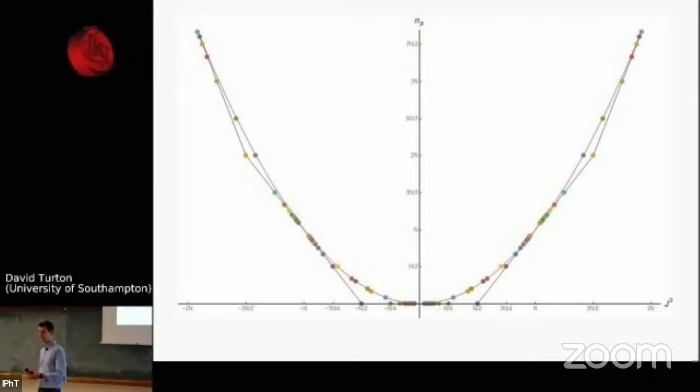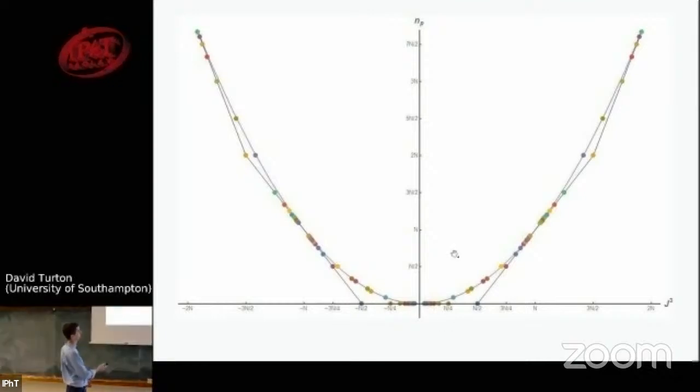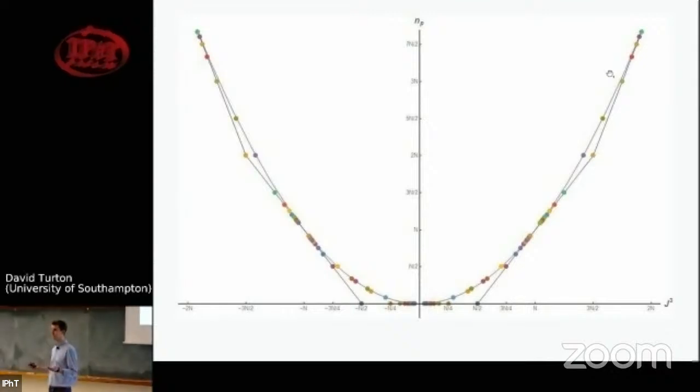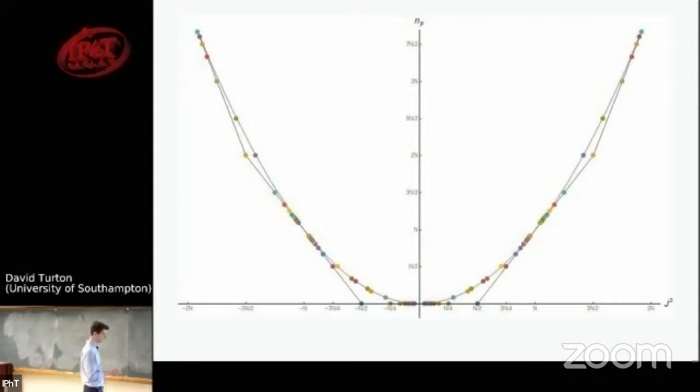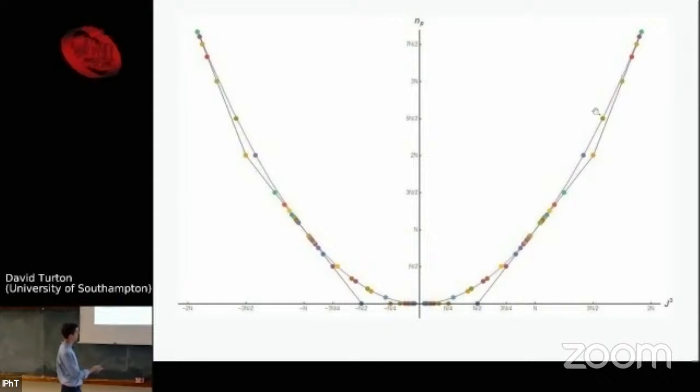Spectral flow is an operation which translates you along orbits which follow this parabola, which is inscribed here effectively. And the integer spectral flow states are all lying on these extreme lines, which are the bound of the allowed charges of the CFT. The important and interesting thing about the fractional spectral flow states is that they lie in the interior here, relatively close to this parabola on the scale of this plot.